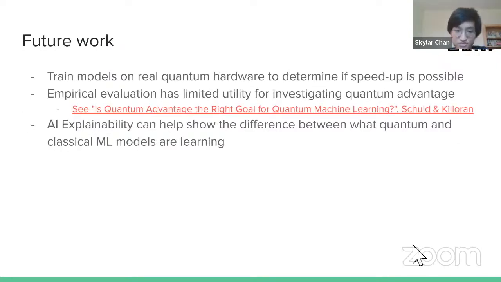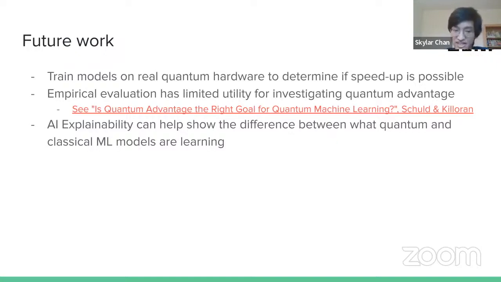So for future work, we would like to train our models on real quantum hardware to determine if a speedup is possible given quantum hardware. And we would also like to note that empirical evaluation has limited utility for investigating quantum advantage. One is that generally the hyperparameters will explode as you add more of them, so the number of possible model combinations to consider may end up growing very quickly.